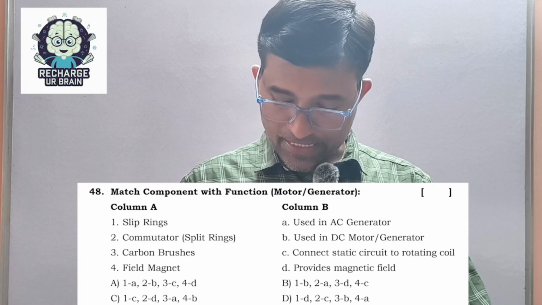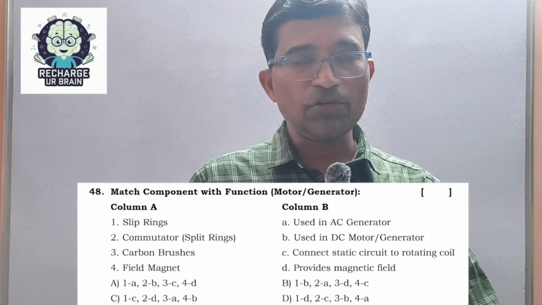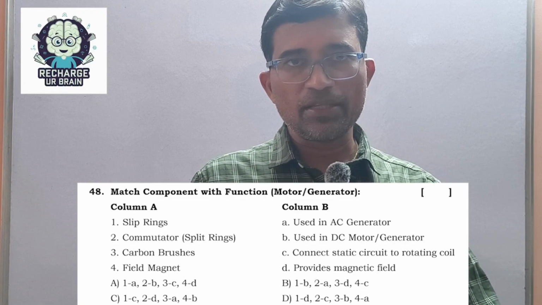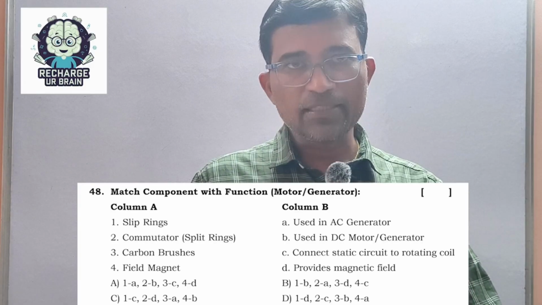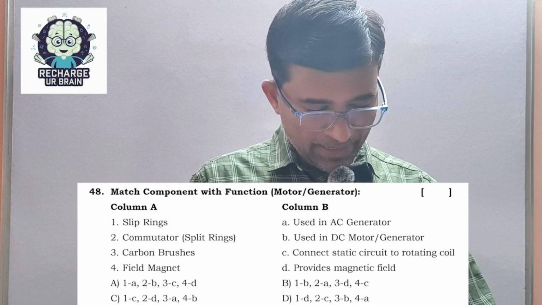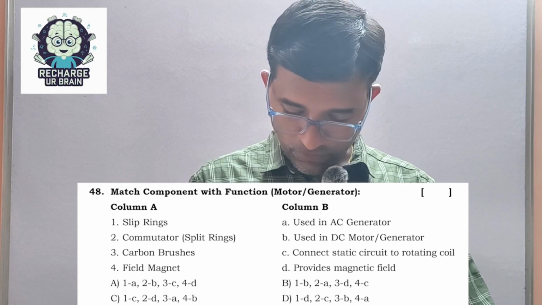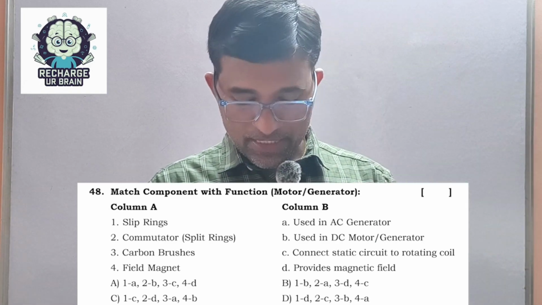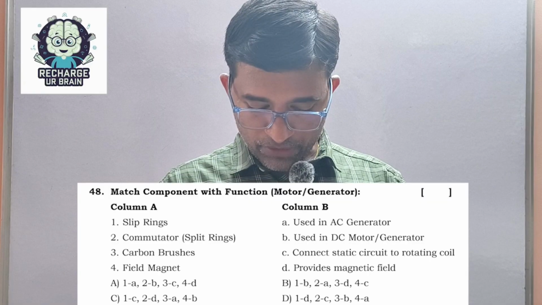Carbon brushes connect static circuit to rotating coil. We know that. Okay, carbon brushes, B1, B2 are there. They are useful to connect the static circuit to the rotating coil. And field magnet provides magnetic field. So for 48th one, the right option is A. 1A, 2B, 3C, 4D.